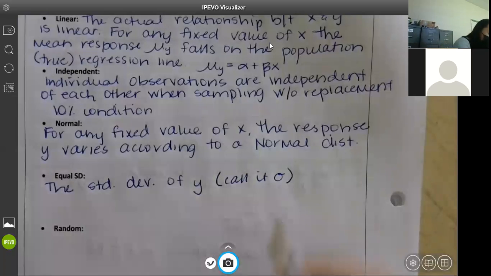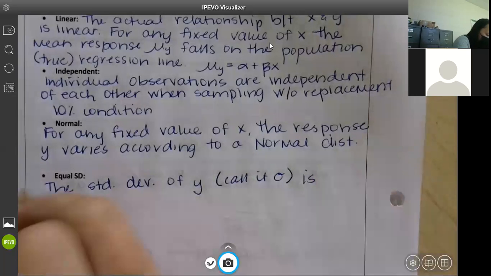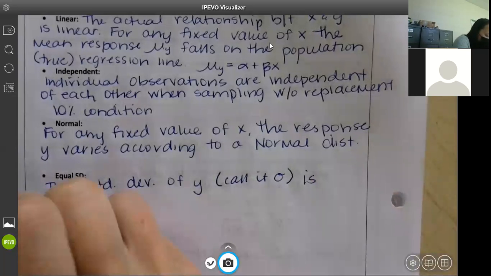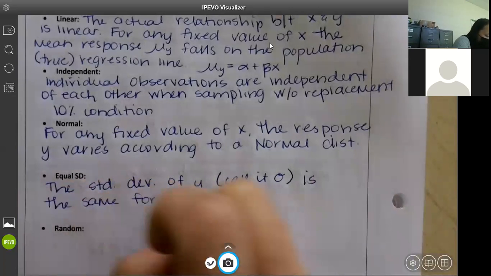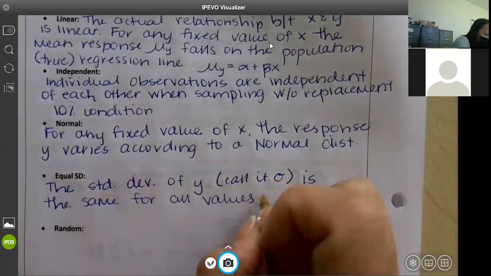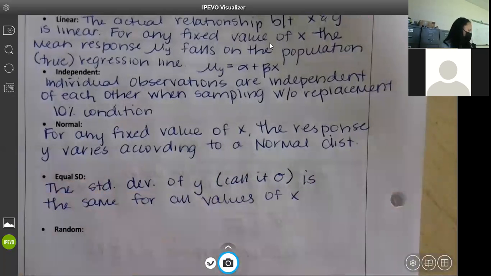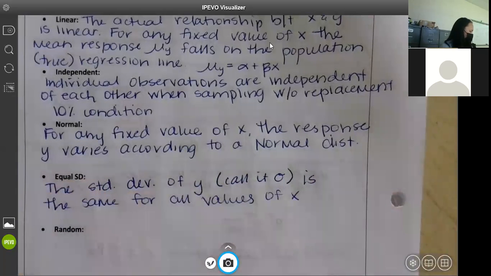It is the same for all values of x. So again, this one you can look at the residual plot and you want to make sure that they're pretty much the same distance from the residual line at 0. And we'll talk about that in just a minute.